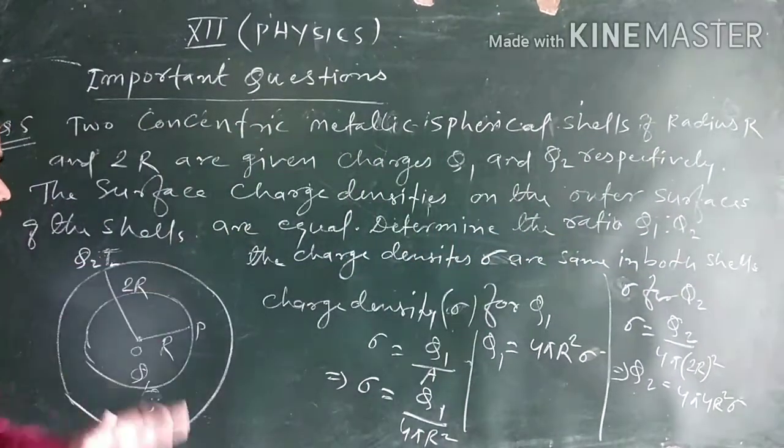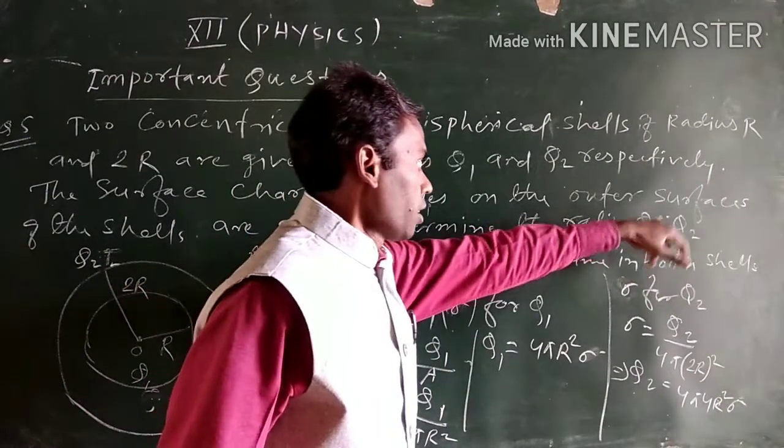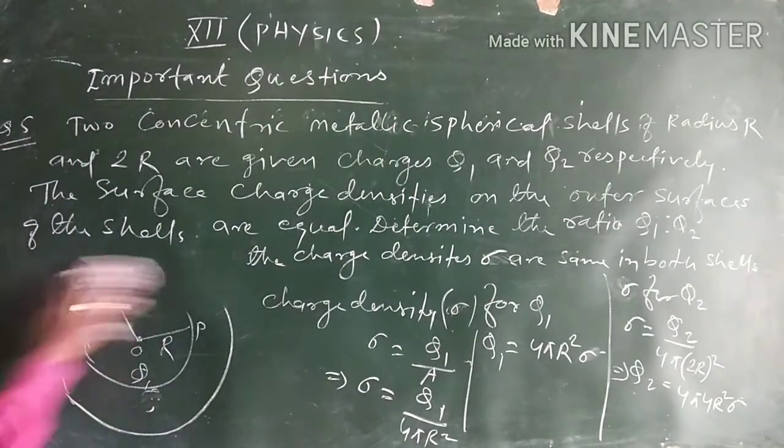But the question asks, if the densities are equal, determine the ratio Q1 to Q2. That means we have to divide these two equations.